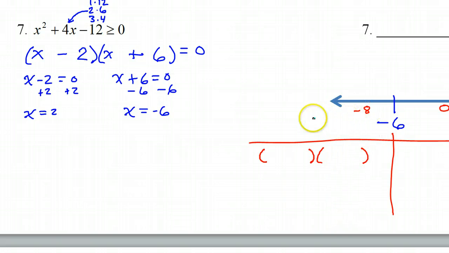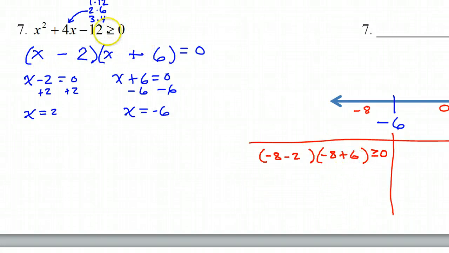If I put in negative 8, I want to see if it makes a true statement. I'm shooting for this to be greater than or equal to 0. If I put in negative 8 for the x's, that makes negative 8 minus 2 and negative 8 plus 6.